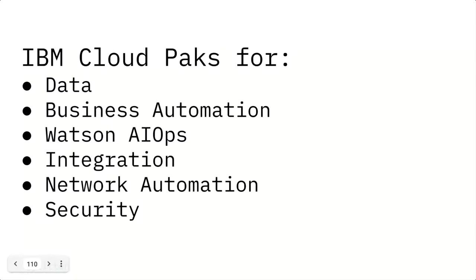So IBM Cloud Packs for Watson AI Ops will include a number of different pieces that will all be orchestrated together and seamlessly integrated together to give you that type of solution. So IBM Cloud Packs are packaged and bundled solutions for you in a number of areas, and these are the areas we have. So again, the data, business automation, Watson AI Ops integration, network automation, and security.